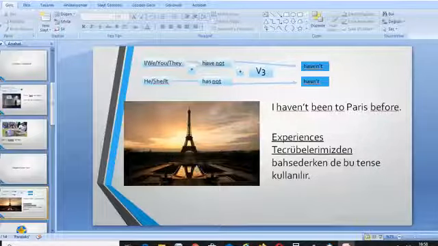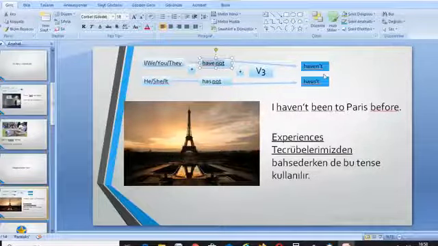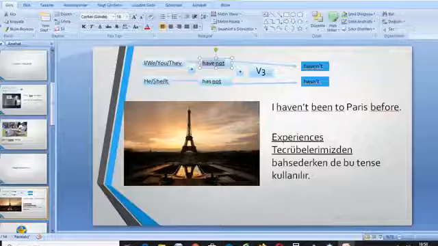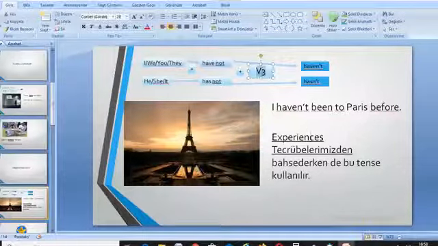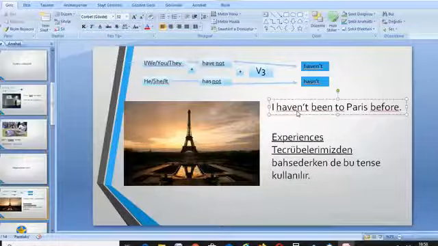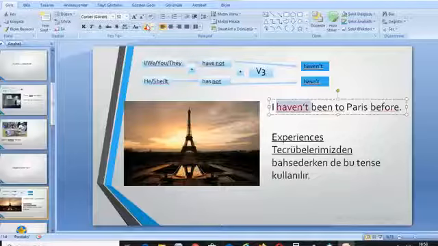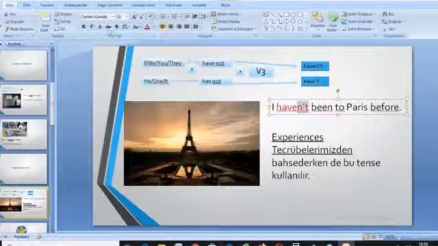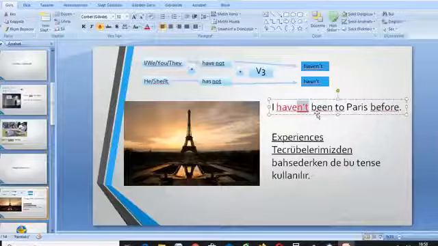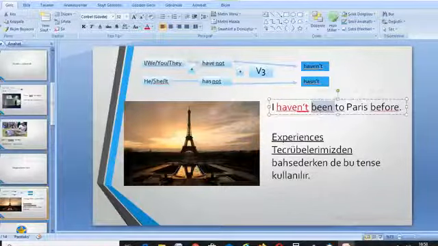For example, I, they, have not plus verb 3. Have not, the short form is haven't. Has not, the short form is hasn't. He, she, it, has not, hasn't, and then verb 3. I haven't been to Paris before. Look, this is the short form. I haven't been. So the verb to be, we say been, the past participle, verb 3.